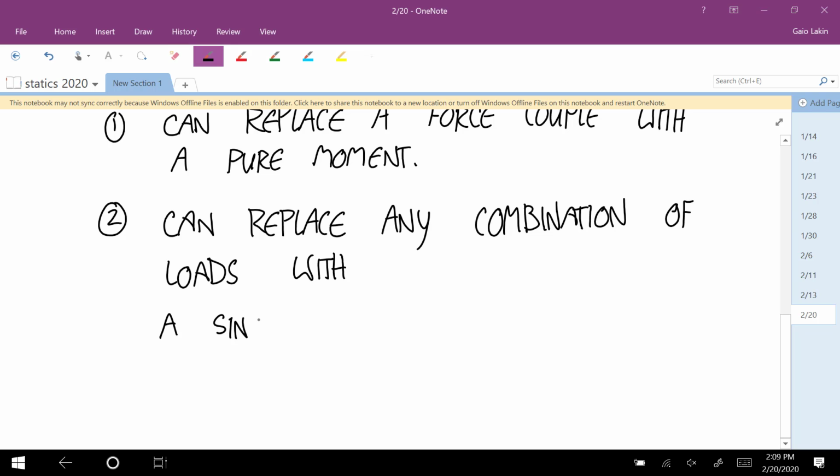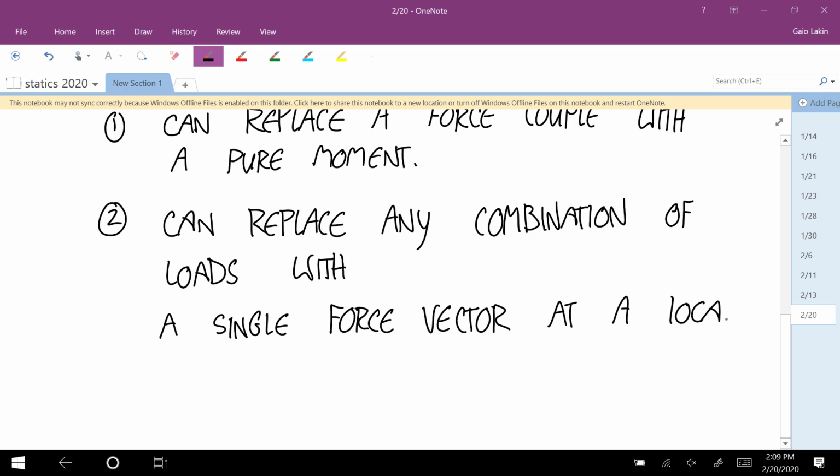So a single force vector at a location of your choice and a couple.